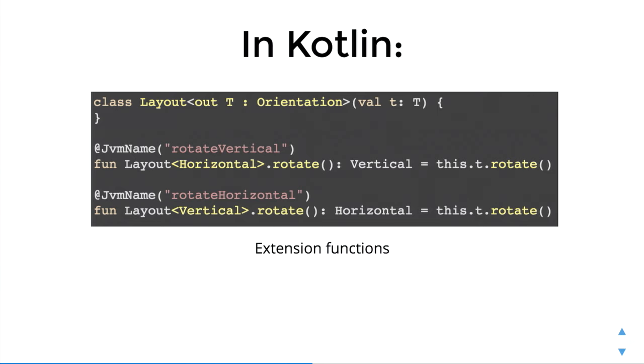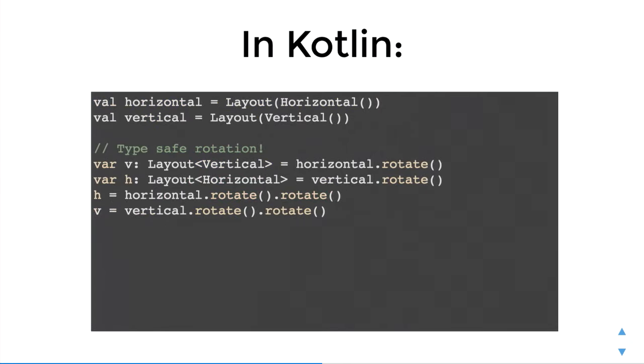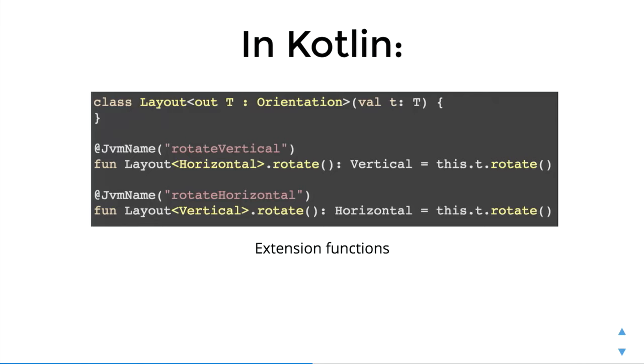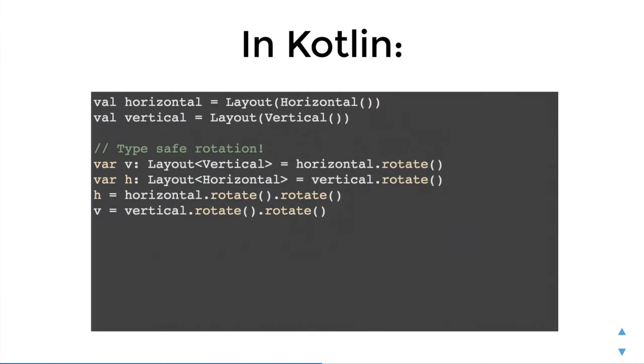And likewise, this other rotate that returns horizontal will only be available on layouts of type vertical. So when we rotate them, it will return the opposite thing. When we compile this to make it interop with Java, we need to use this annotation called JVM name, because we need to give it a special name. But if we're just using Kotlin, we're safe.